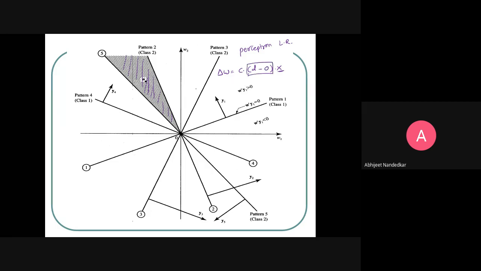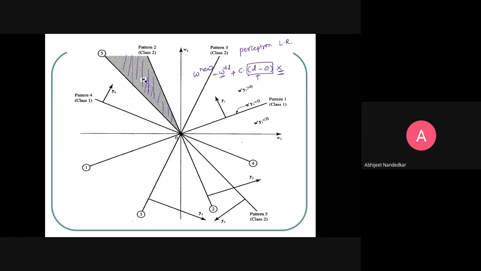So when you say W new is equal to W old plus this term, D minus O plays the important role of adding or subtracting this vector X from the current weight position.